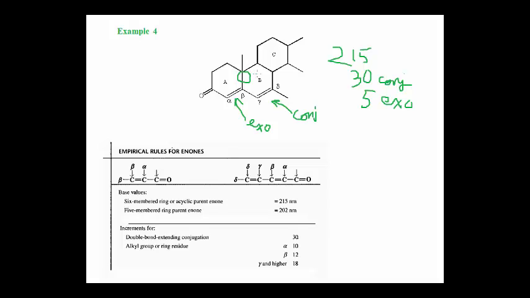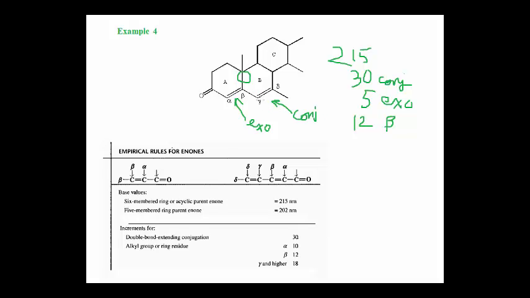Now recall that for an enone, the contributions from alkyl substituents have different values than for conjugated dienes. So this table reminds us that for an alkyl substituent on the beta carbon, we add 12 nanometers. So that will be 12 units for the beta substituent.